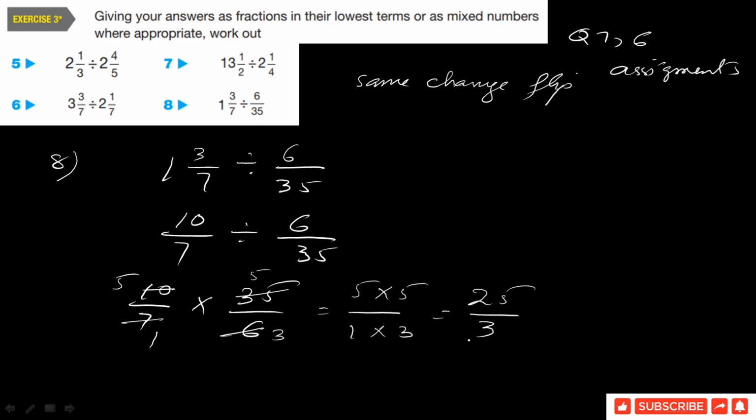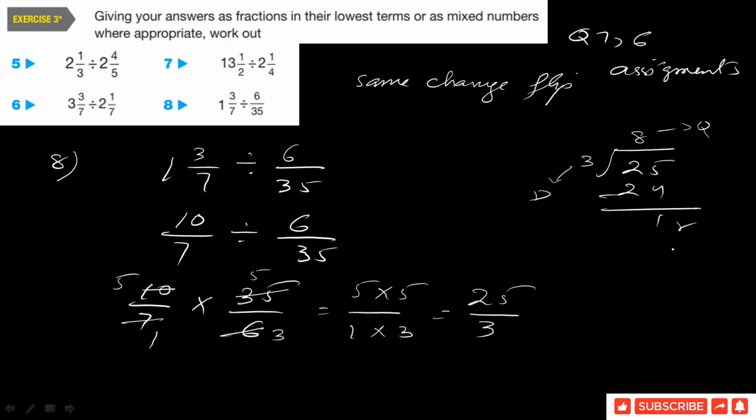We cannot divide 25 by 3 because it's not in the 3 times table. So we divide it, 25 and 3 outside. 3 times 8 is 24. So we subtract, we get 1 as remainder, 8 is quotient, and 3 is divisor.